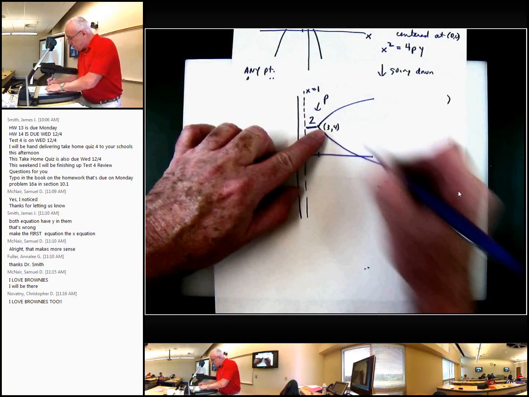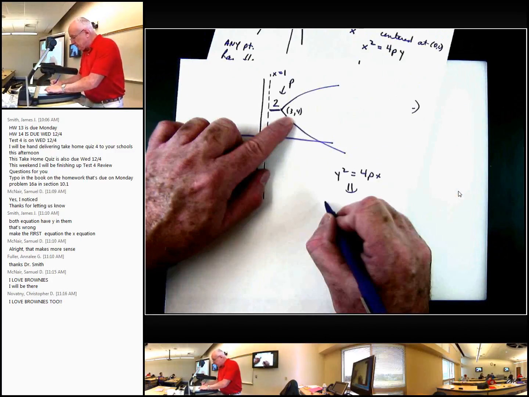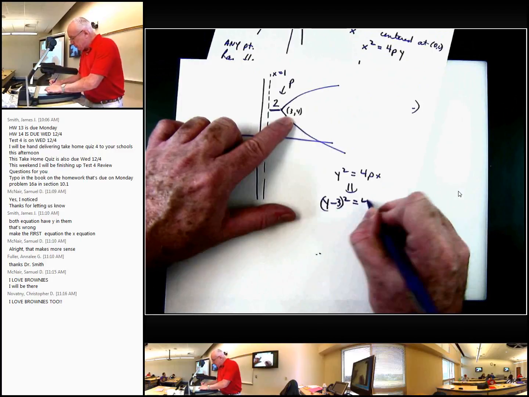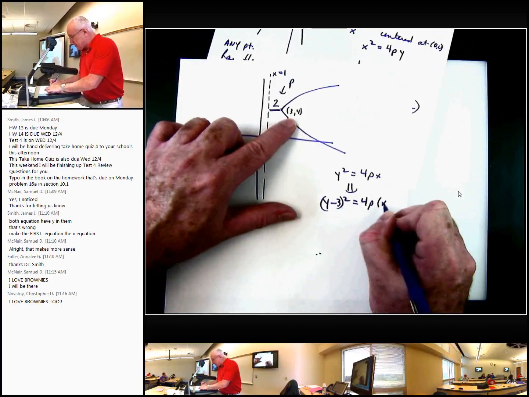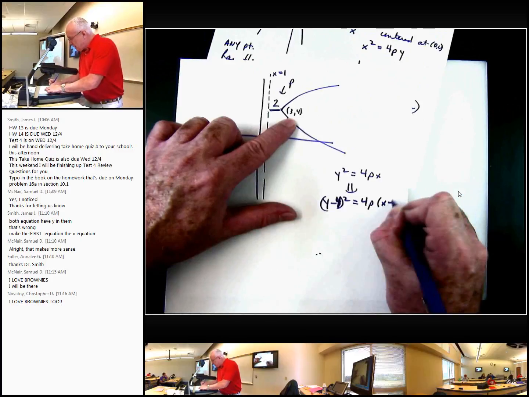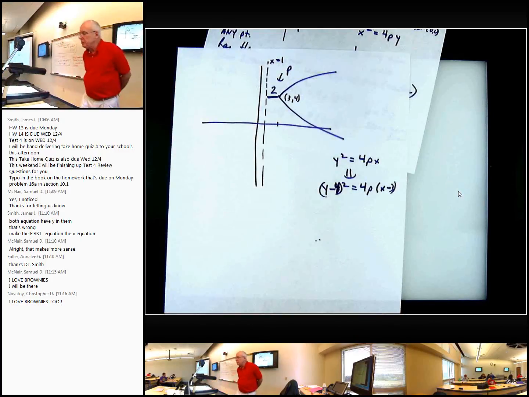And then, of course, we have to incorporate our center in here. So this would be y minus 3 squared equals 4p times x. Ooh, that should be y minus 4 squared equals 4p times x minus 3, getting the center in there.